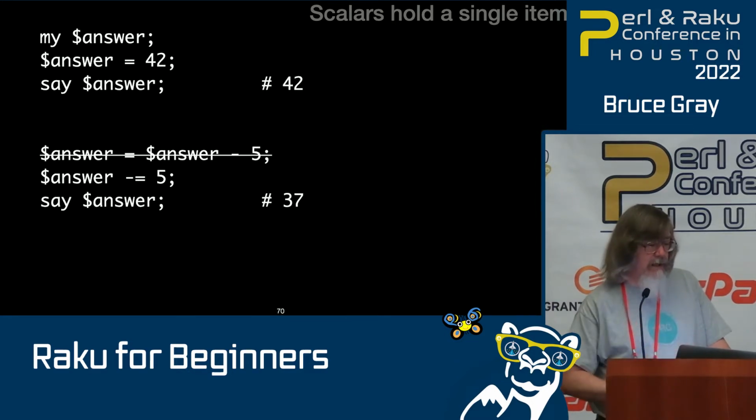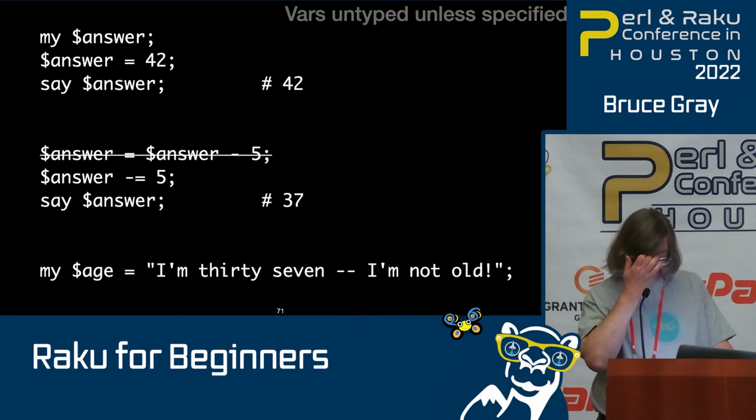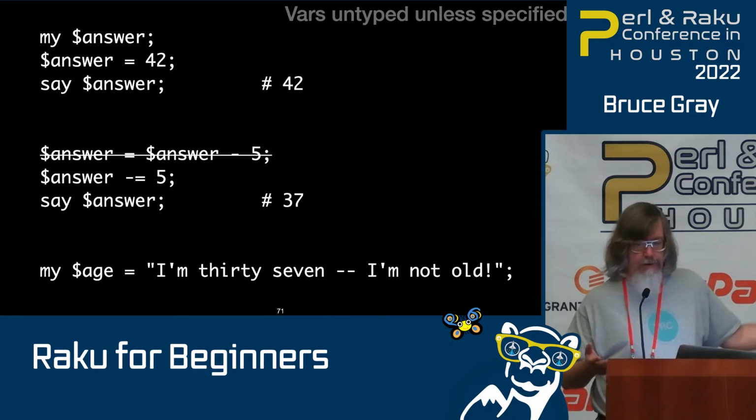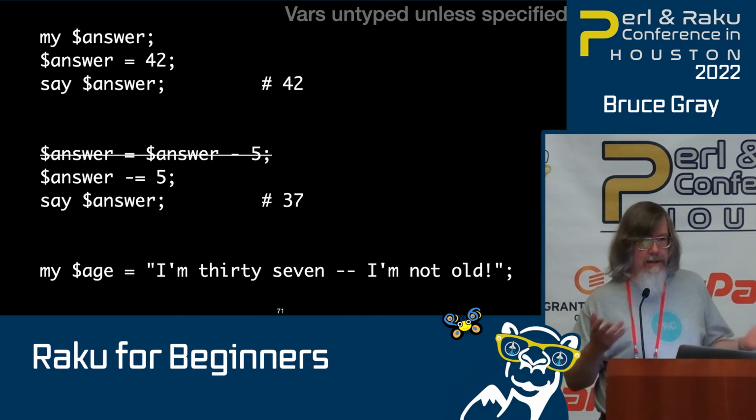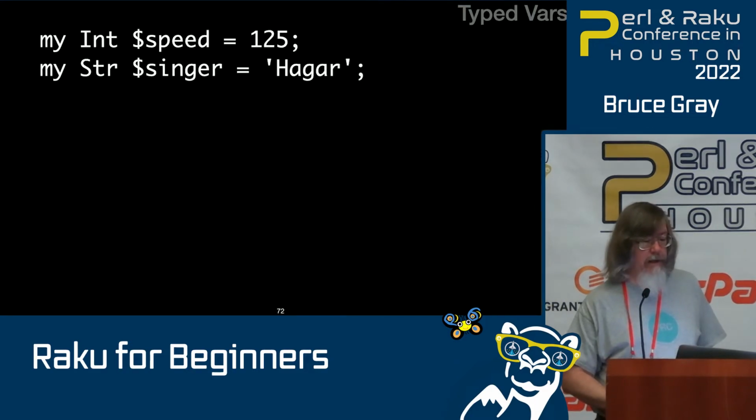So now 37. We can also define and initialize at the same time. Notice that answer and age are declared just the same, with my, but they hold different types because in a scalar you can put anything, unless you declare it as having a type.